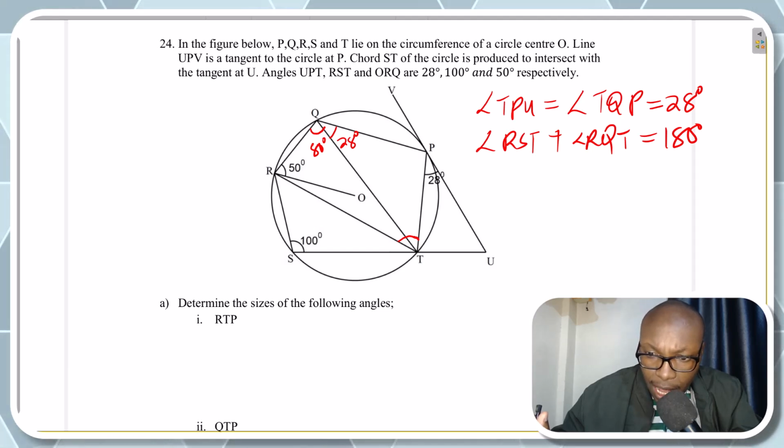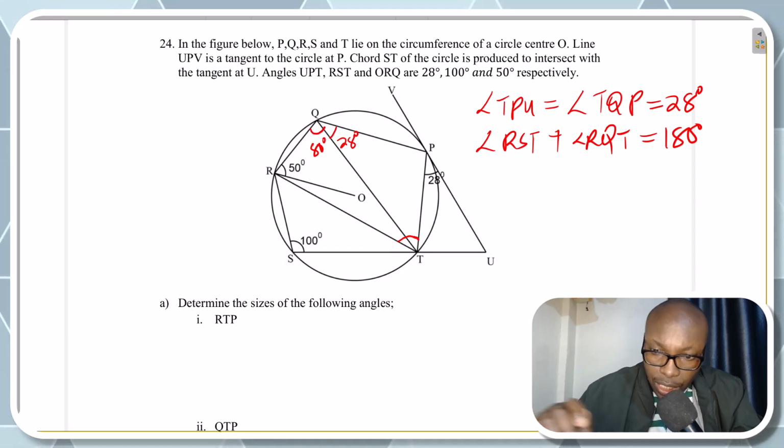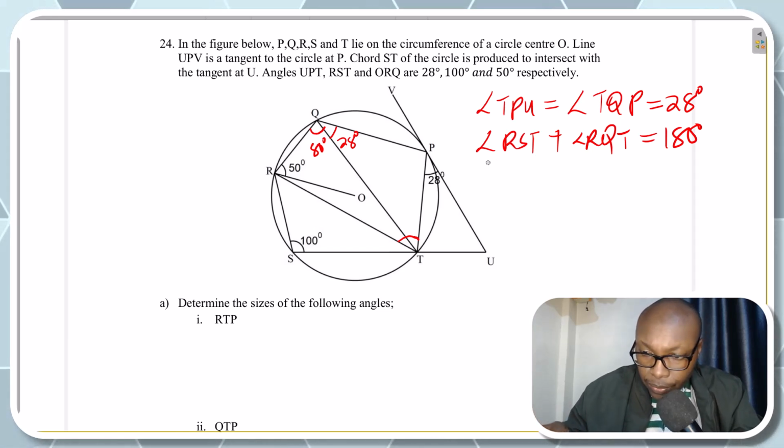Now, once we've done that, there's something else that I can do. Look at the center O. O is the center of the circle. And let me see whether so far I'll be able to get angle RTP. Yes, I can get that by considering this quadrilateral RTQP.